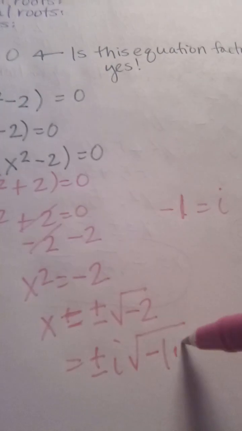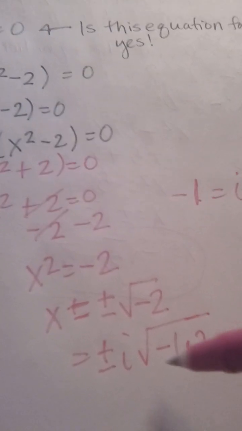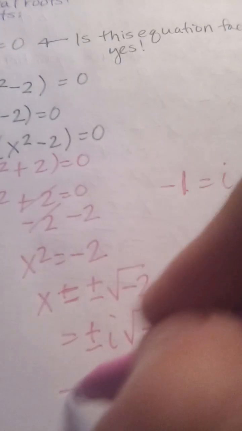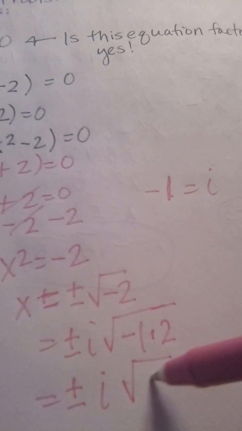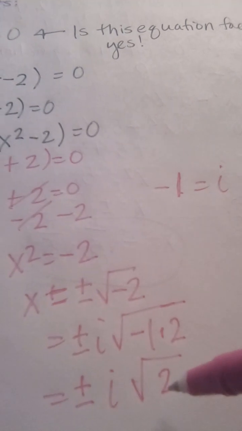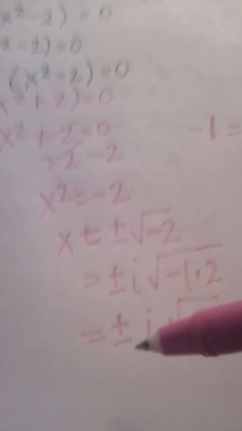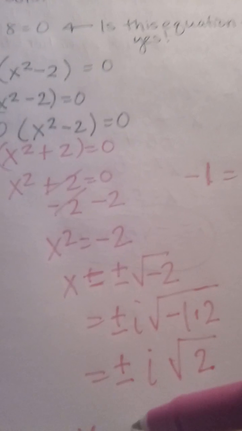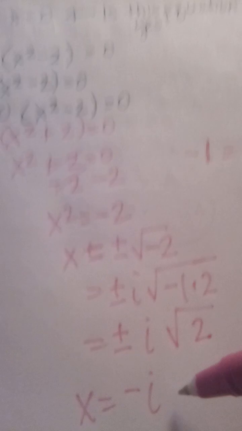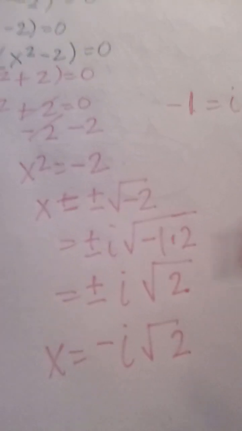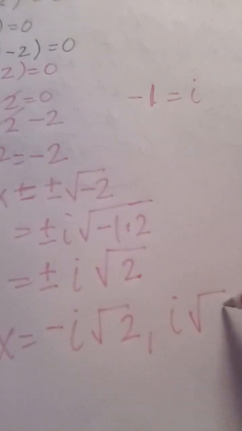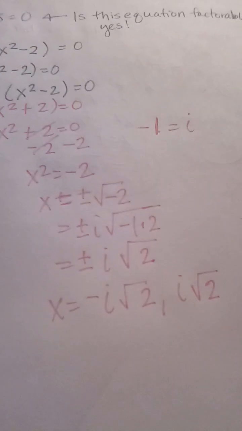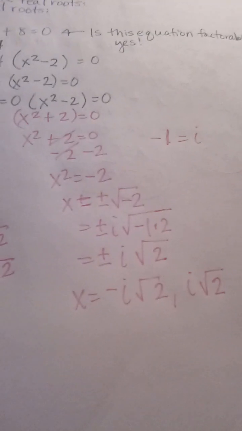Multiply negative 1 times 2. This will be, watch and see, equals plus or minus i times the square root of 2. And our final answer will be x equals negative i square root of 2, right? And then positive i square root of 2. We have 2 more. Any questions on this portion?